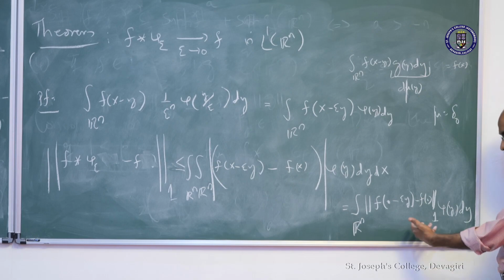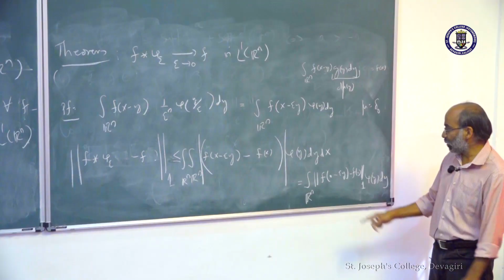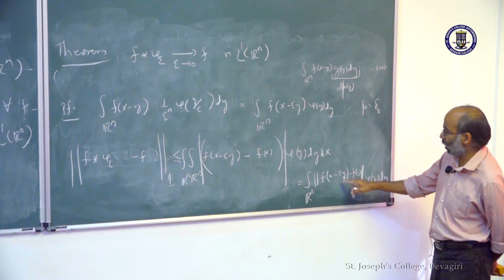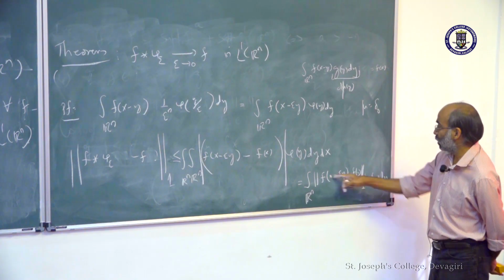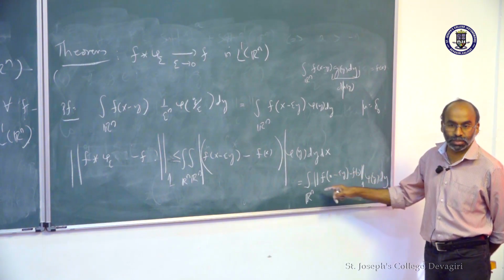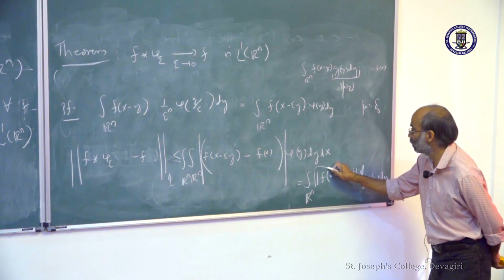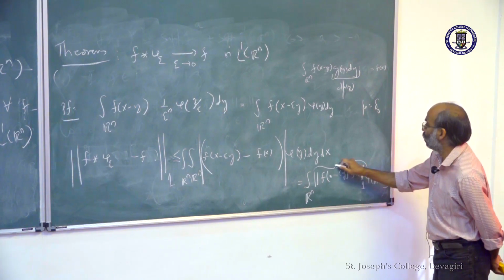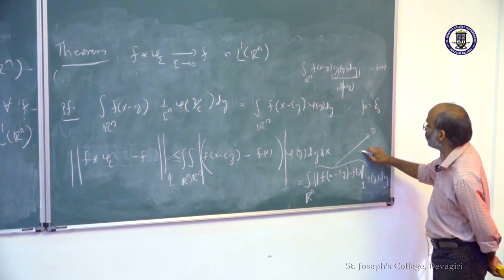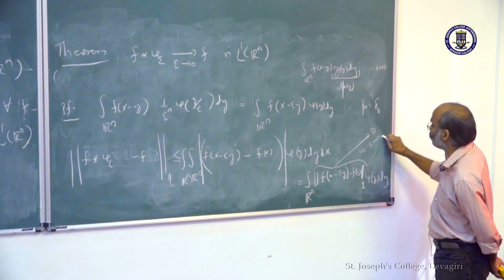Now, this should be familiar to you. As epsilon goes to 0, this epsilon y goes to 0. So, this is simply the continuity of translation in L1. So, this whole thing will go to 0 as epsilon goes to 0.